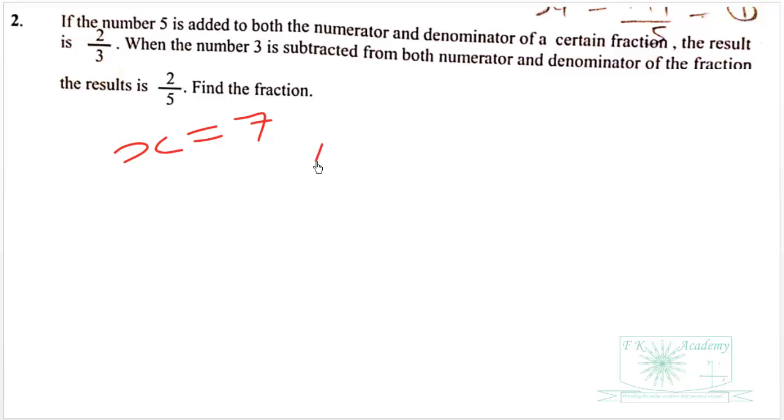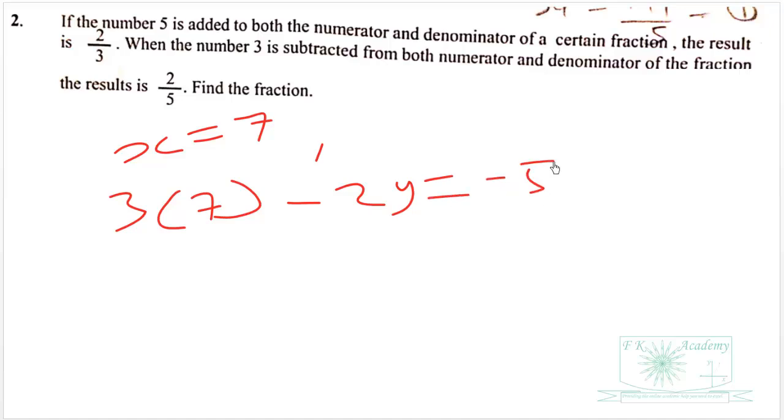Then we also know that 3 times 7 minus 2 times y is equal to negative 5 from the first equation. So we get 21 is equal to negative 2y minus 5.